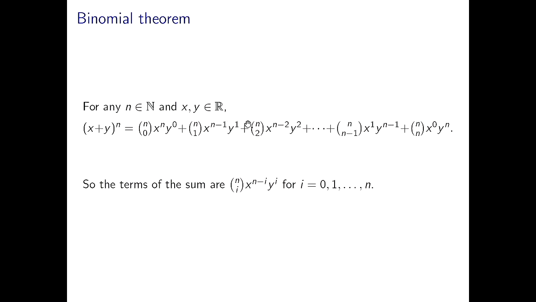-1 to the 1, that's going to be -1, right? Then it's going to be some number of 1s times -1 squared, that's going to be +1, and so on, right? I'm going to swap signs along my row.